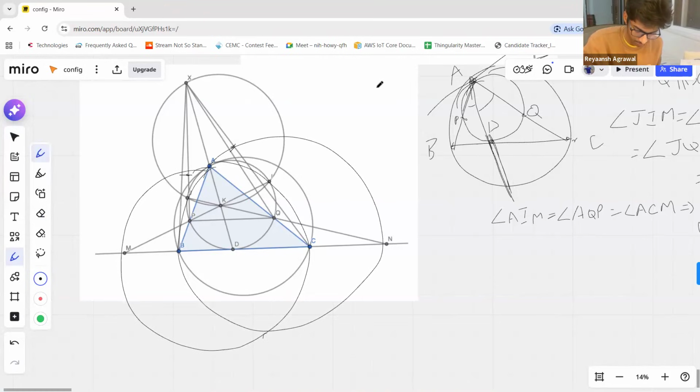Okay, so what point do you think lies on the radical axis?